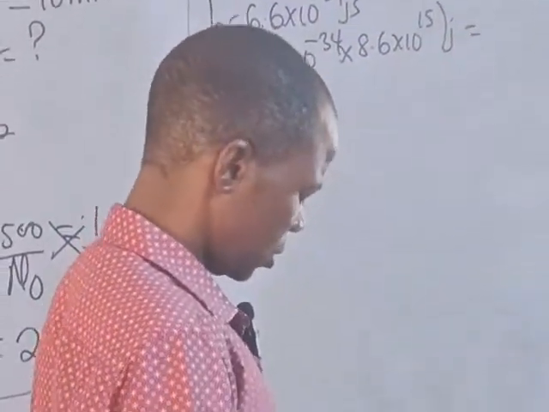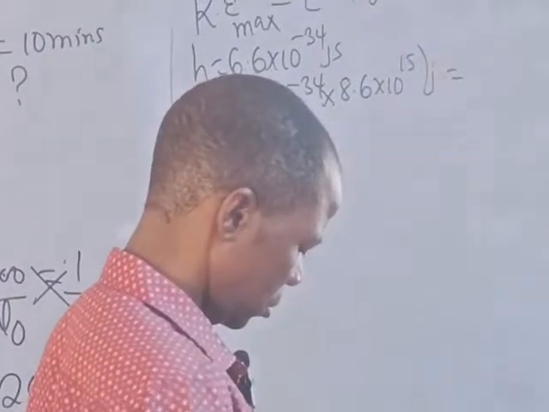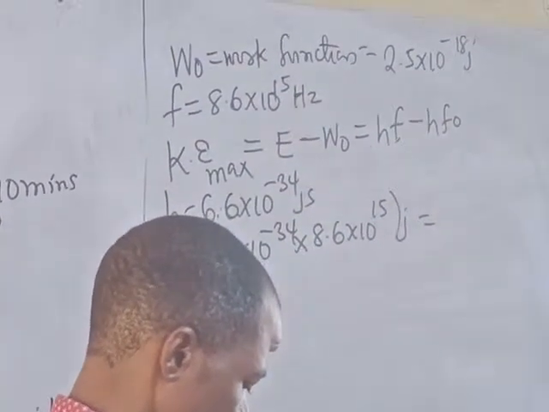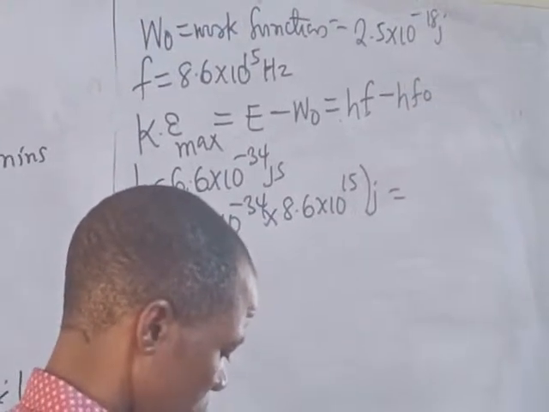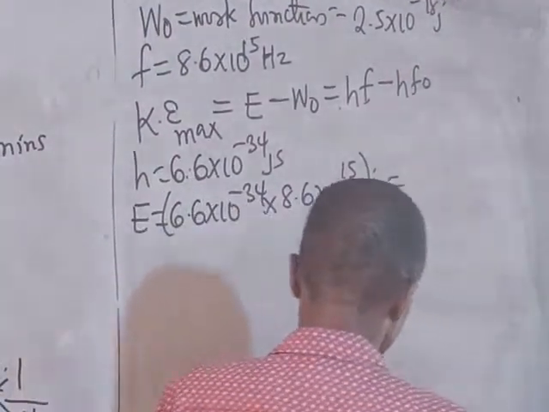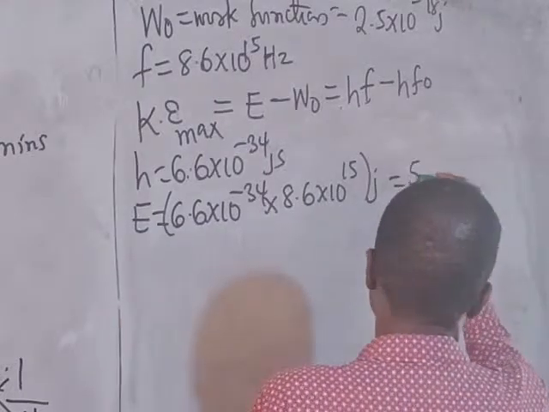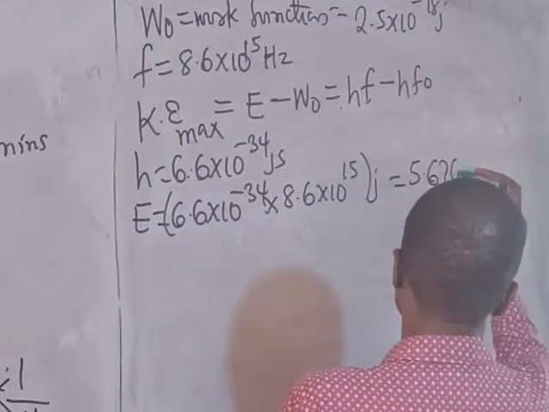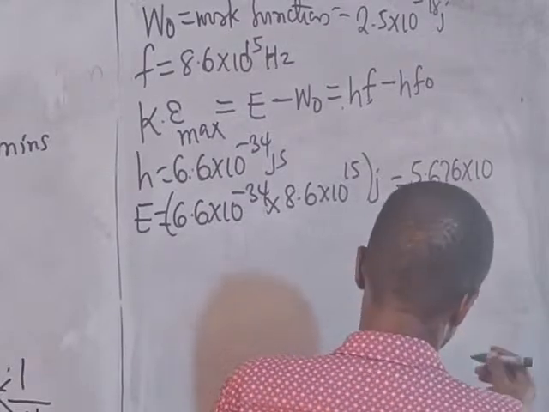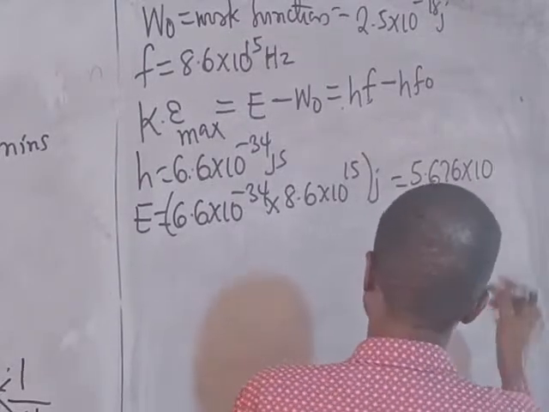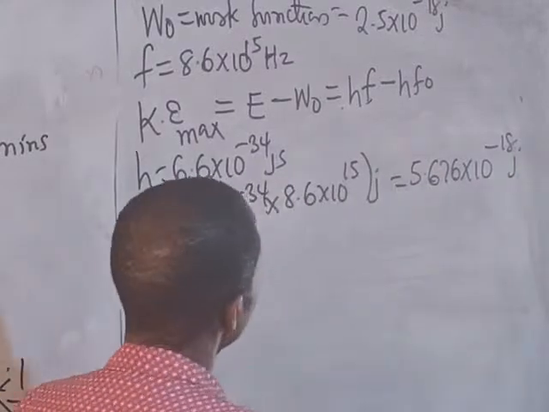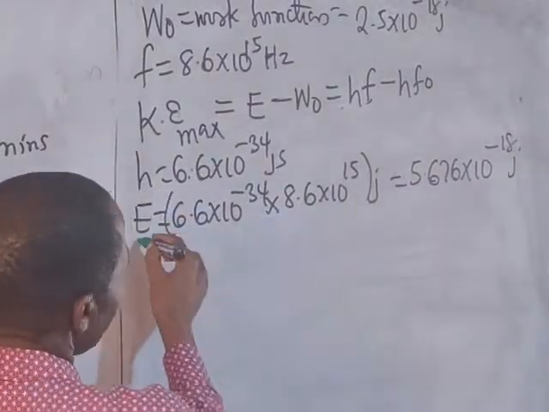That gives us 5.676 times 10 to the power minus 18 joule. Now we know our E.